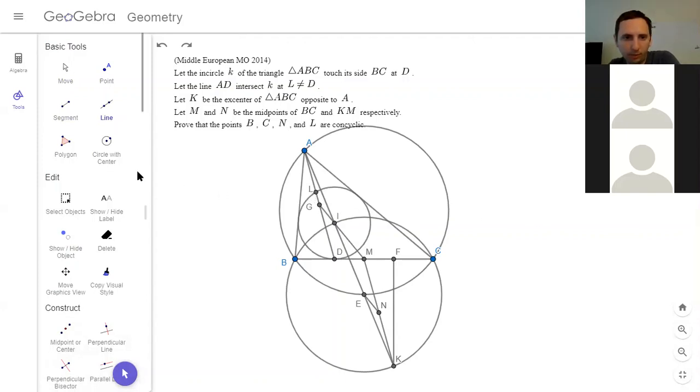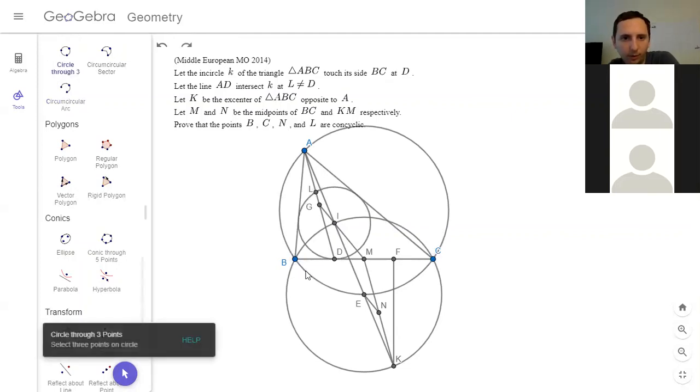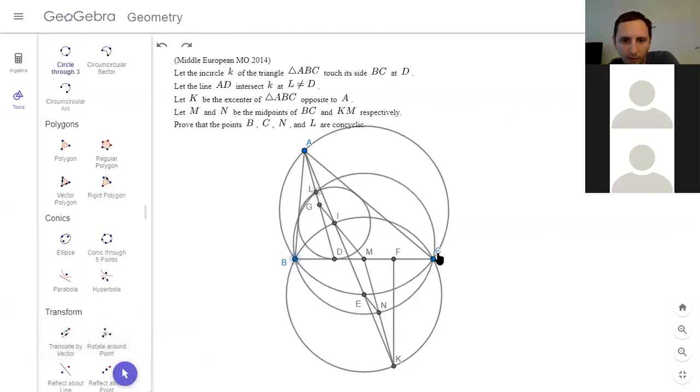So I wonder, that circle in the problem through B, C, N, and L, well, that's weird. I was wondering if that circle was tangent to the incircle, but I don't think it is.